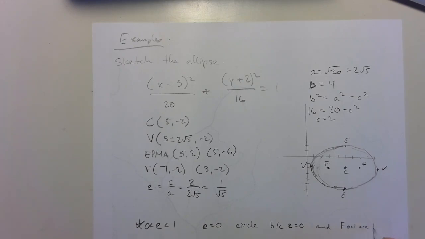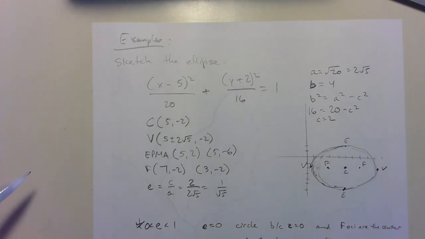And the closer E is to 1, the more elongated it looks. Okay, so that's important.